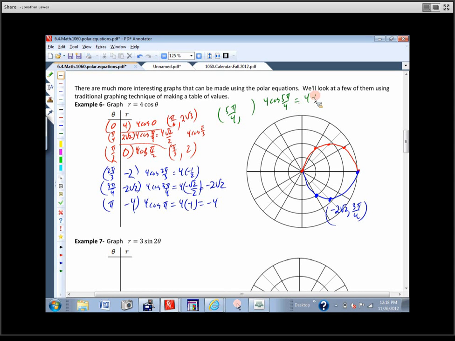And what is the cosine of 5 pi fourths? Negative radical 2 over 2. So I end up with -2 radical 2. So even though I'm pointing in this direction right here, I'm going to go the opposite direction, 2.8 units. That's going to put me right here.